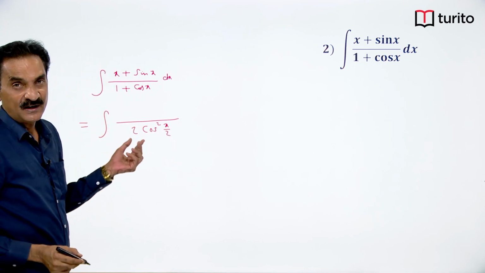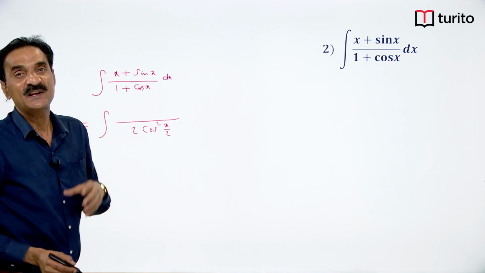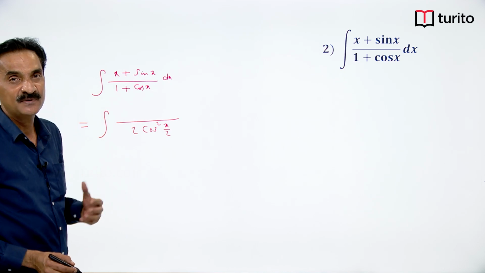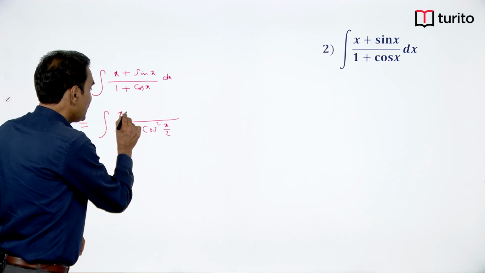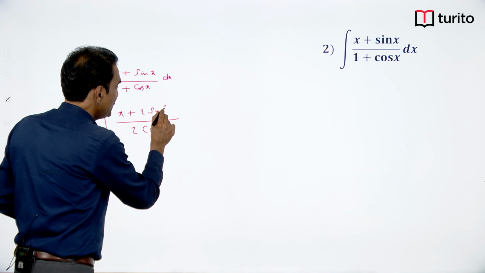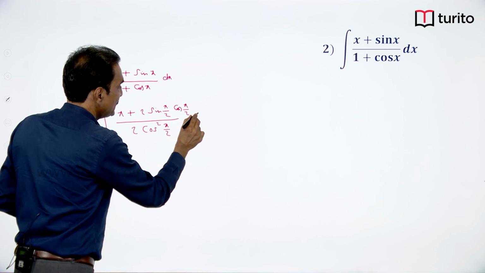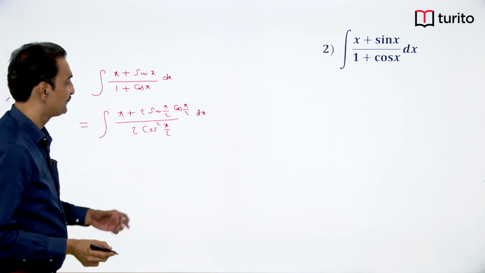Since we got the denominator in terms of x by 2, we have to write sin x as 2 sin x by 2 cos x by 2, so that it can be simplified. x plus 2 sin x by 2 cos x by 2 dx.